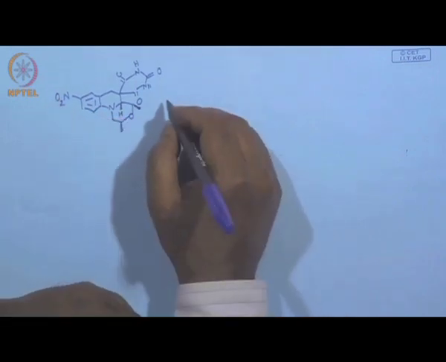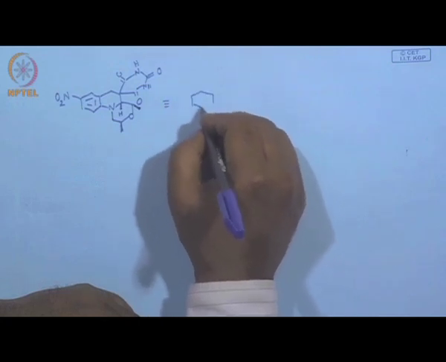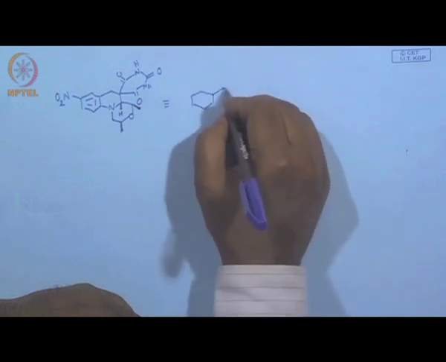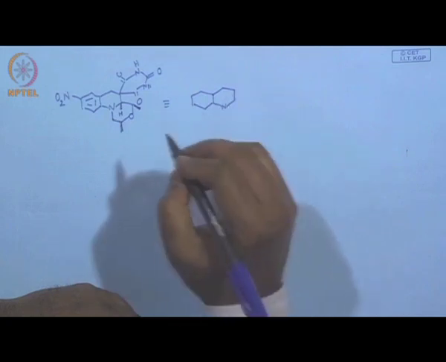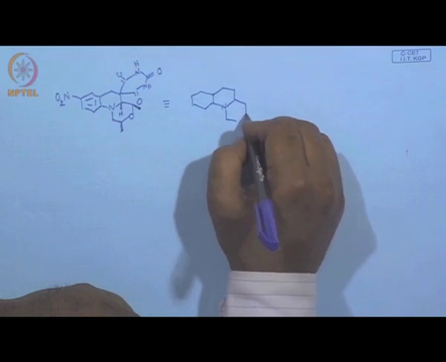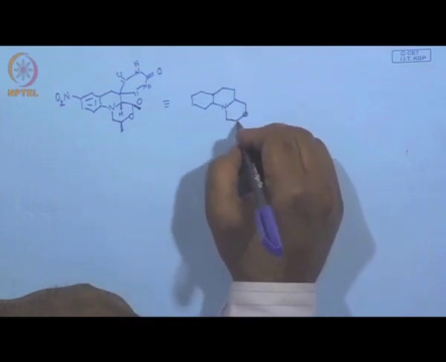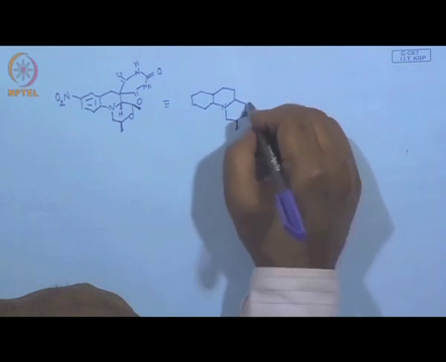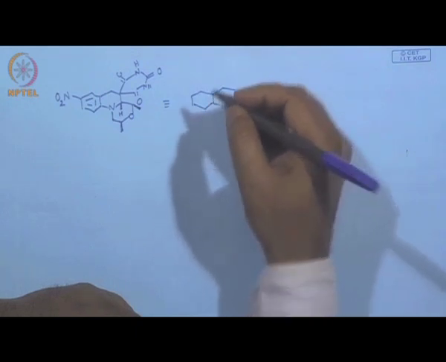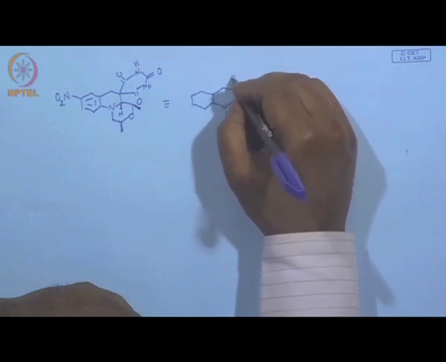okay. Maybe I should rewrite it. I think that would give you a better look. Okay, quinoline portion, and then again a 6-membered ring, right. So this is oxygen here. I am just rewriting basically. And I think this one should be flattened a little bit.